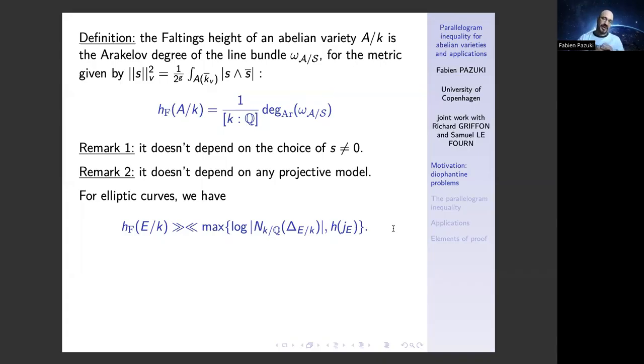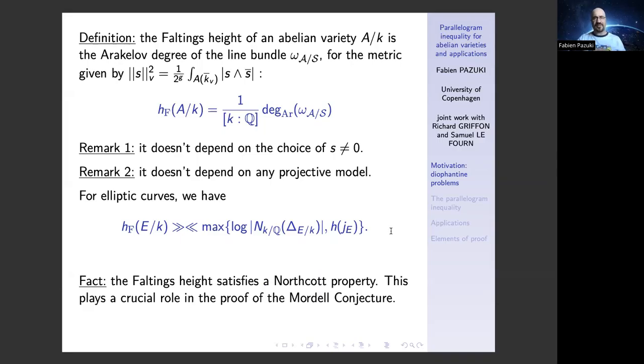In higher dimension, this is a little bit more complicated to compare with because, of course, the moduli space is more complicated. So essentially, we're dealing with some kind of object that measures how complicated the arithmetic of the variety is. That's what you keep as an intuition. And the fact that I mentioned a bit before, it was useful, yes, because this height satisfies a Northcott property.